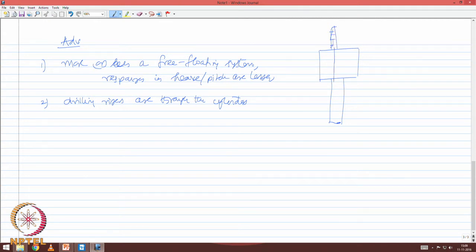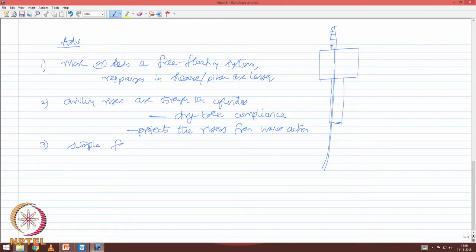The drilling risers will be through the cylinder, which ensures a dry tree. So, this protects the risers from wave action. It is a great advantage. It is also simple fabrication.